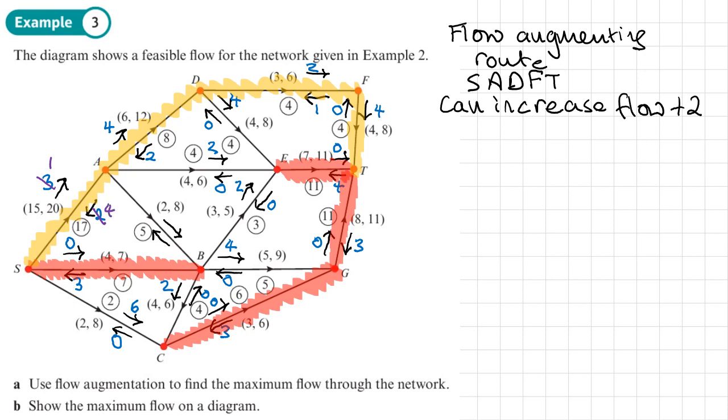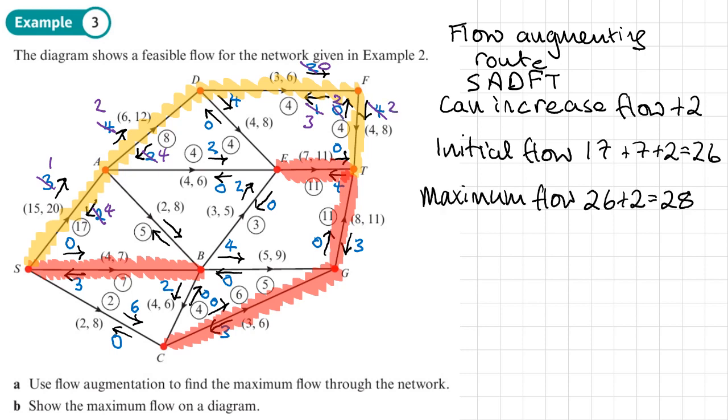So basically we're going to subtract 2 from these numbers going from S to T and increase the reverse flow by 2. So let's just do that. So decrease by 2, increase by 2, decrease by 2, increase by 2, decrease by 2, increase by 2.